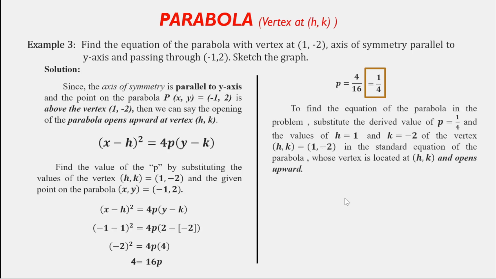To find the equation of the parabola in the problem, substitute the derived value of p, which is equal to 1/4, and the values h equal to 1 and k equal to negative 2 of the vertex coordinate (1, negative 2), in the standard equation of the parabola whose vertex is located at (h, k) and opens upward.